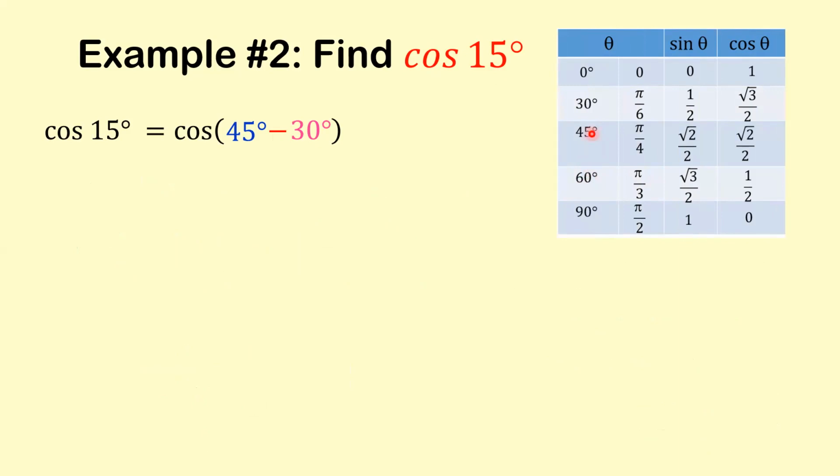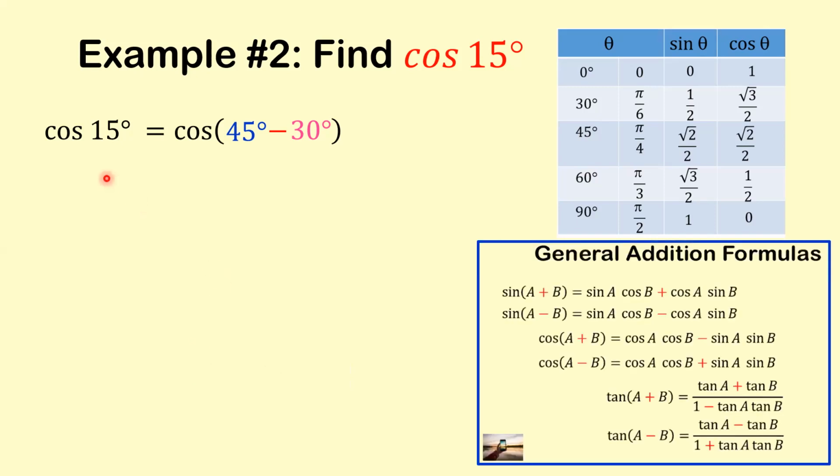Again, pwedeng 60 minus 45, that will give you the same final answer that we will arrive at here, okay? So, anong gagamitin among these formulas? It will be this one, the cosine expansion of a difference, no? So, cos, cos, sine, sine. Pero since it's cosine, we don't follow the sign. This is minus, this will be plus.